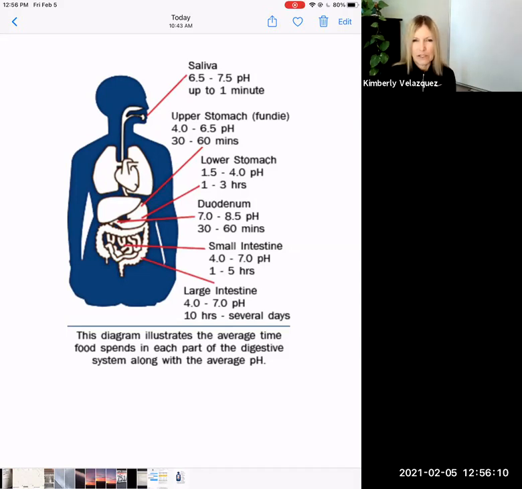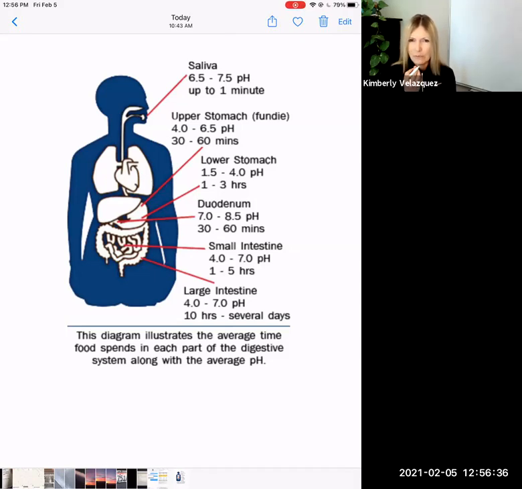If you look at the pH in the saliva, it's dramatically different from that of the stomach, especially the lower stomach. You can see pH 1.5 to 4 in the lower stomach. Then again, it goes back up in the duodenum, which is that first part of the small intestine. And then in the lower small intestine, it differs in the large intestine. So when you eat your food, you chew it in your mouth and it mixes with the saliva.